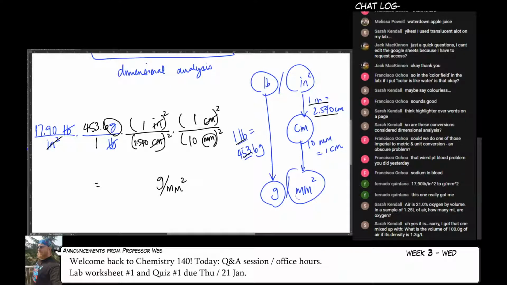I got 12.585157, which I'm going to round to 4 sig figs because this is 4 sig figs, and so does that. Everything else is a 1. This is actually exact, but it also has 4 sig figs, so you get the same answer anyway. So that should be the answer.